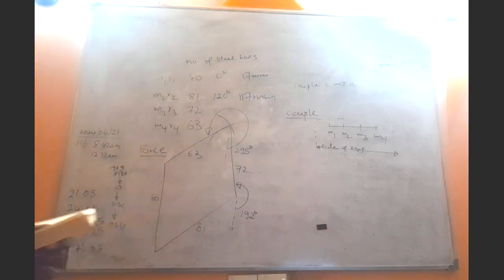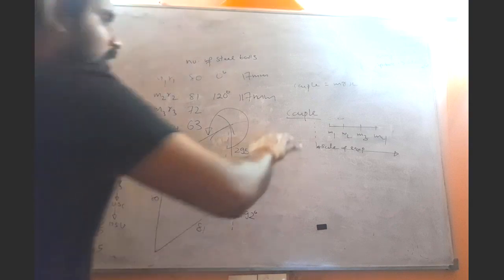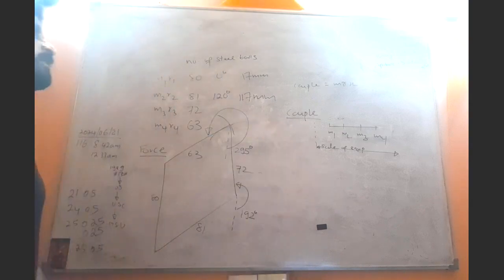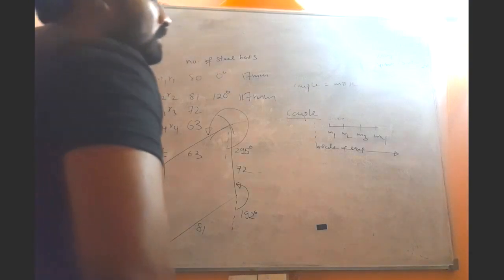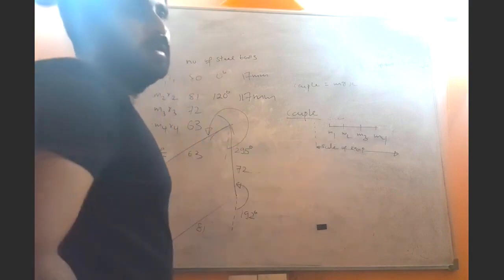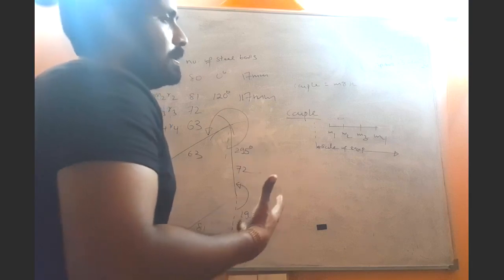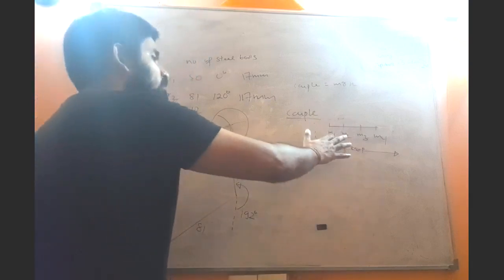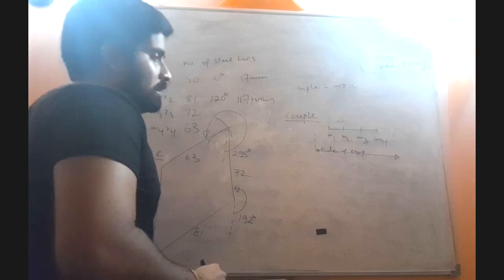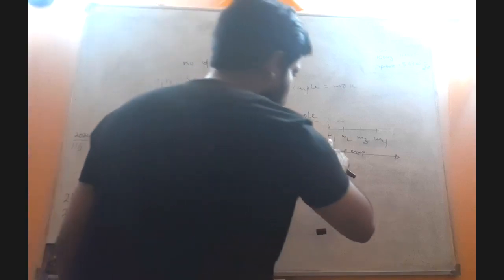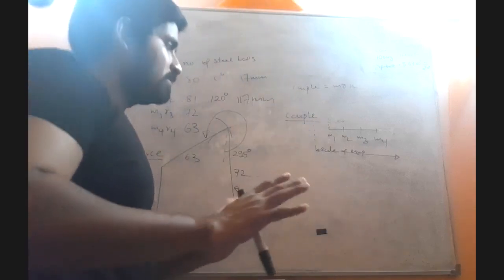So now here, when sketching the coupled polygon, we have to consider the position of the plane of one particular mass as the reference, the position of the plane of the first mass as the reference position, right?